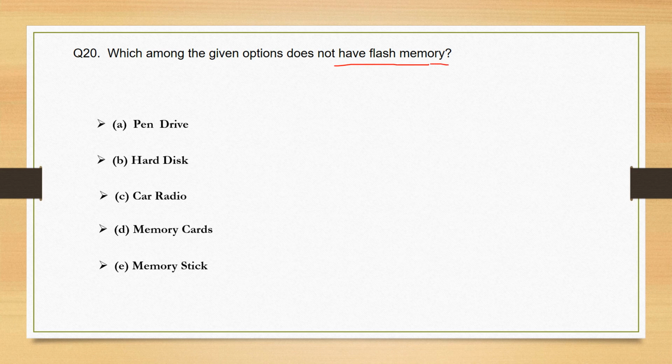Out of these options, car radio is the option which doesn't have flash memory. Devices like pen drive, hard disks, memory card, memory stick don't need any power supply to store the memories. So the correct answer is car radio.